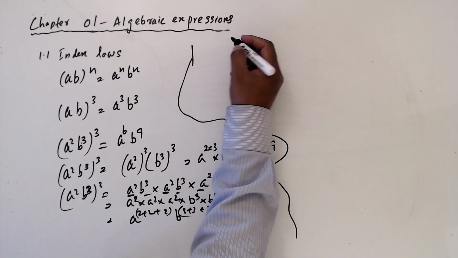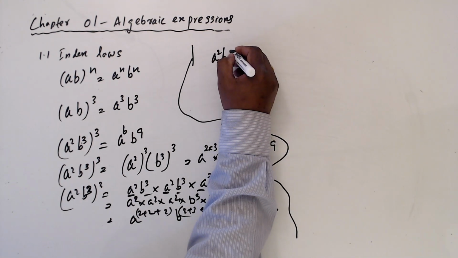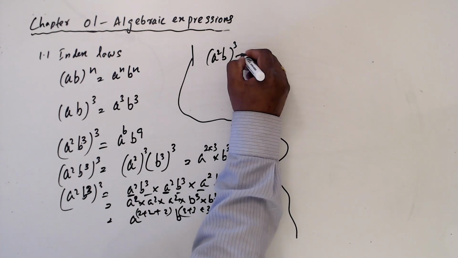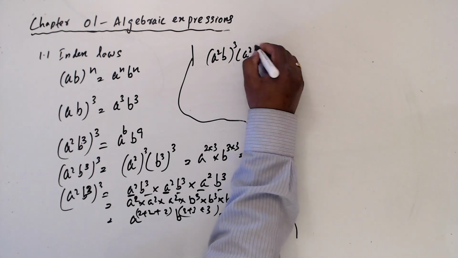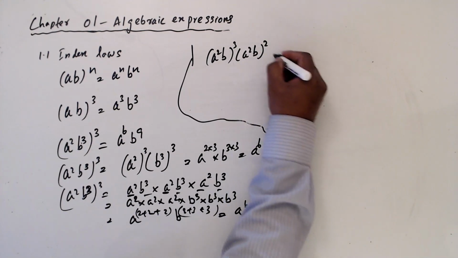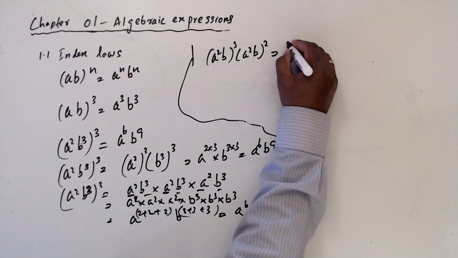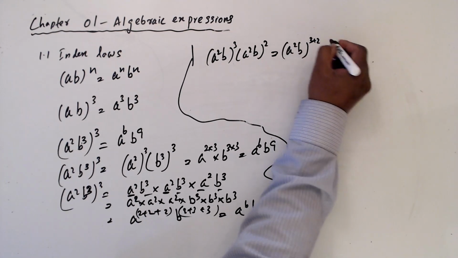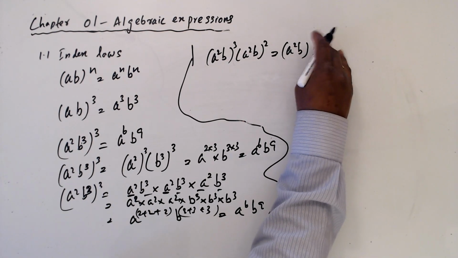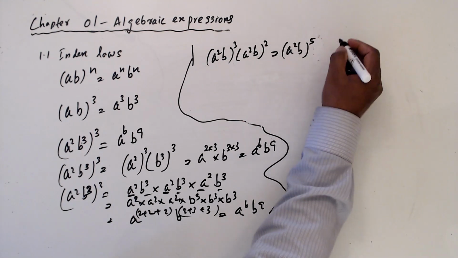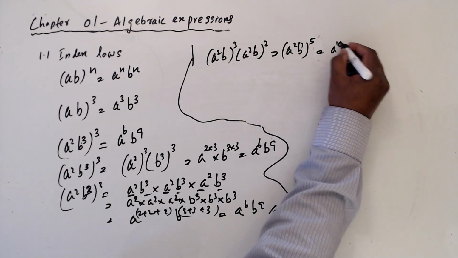As an extension, a squared b cubed times a cubed b squared. I can write this a to the power 2 plus 3, that is 5, b to the power 3 plus 2, that is 5. Then this is going to be a to the power 5, b to the power 5.